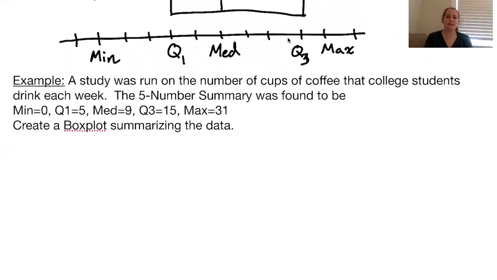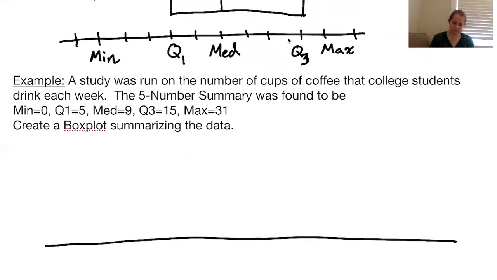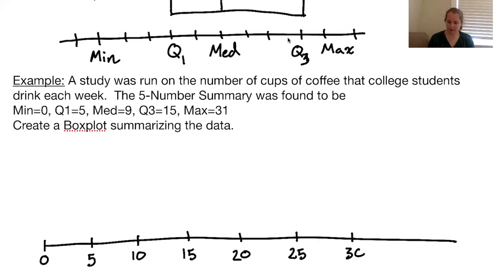So now if we go back to the problem, we want to create a box plot. So our min is 0, our max is 31. That means our number line has to go from at least 0 to something above 30. So let's do 0, 5, 10, 15, 20, 25, 30, and 35.